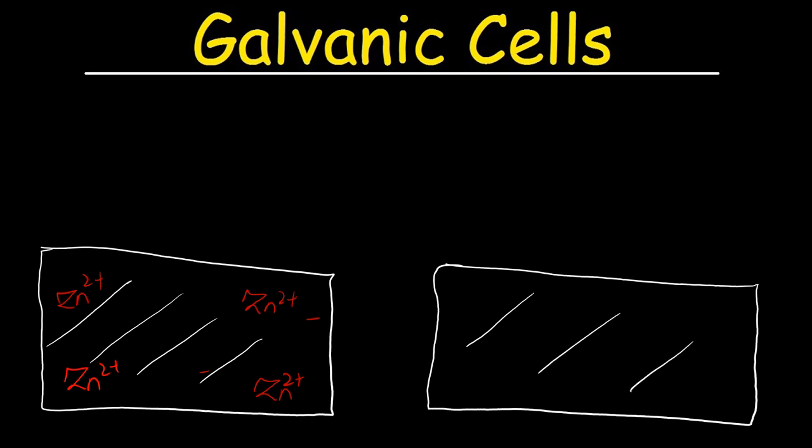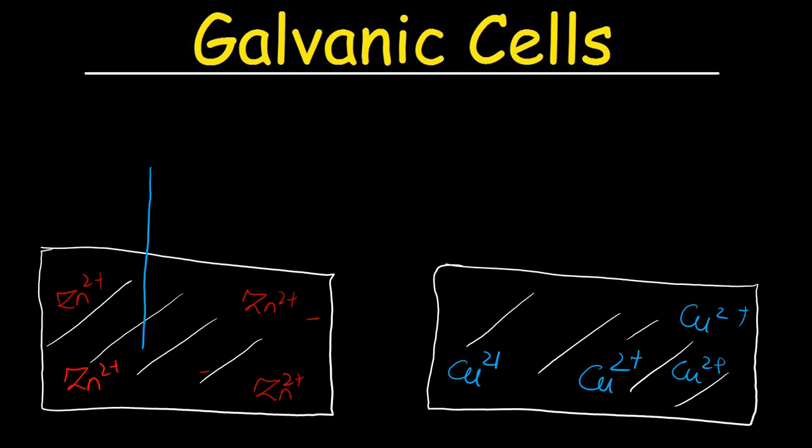On the other side of the galvanic cell, there will be ions of Cu2+ and SO4, but here, just for simplicity, we represent that it consists of Cu2+ ions. Now both containers of the galvanic cell consist of an electrode.